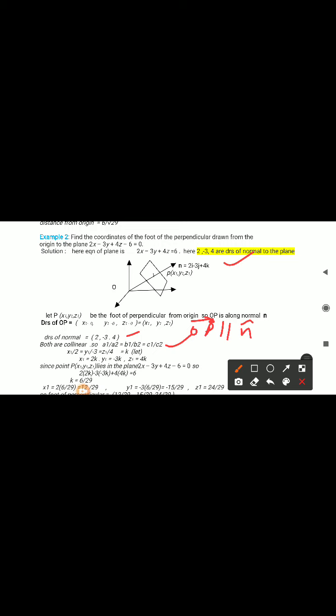Thus we get x1 upon 2 equals y1 upon minus 3 equals z1 upon 4, and say this is k.